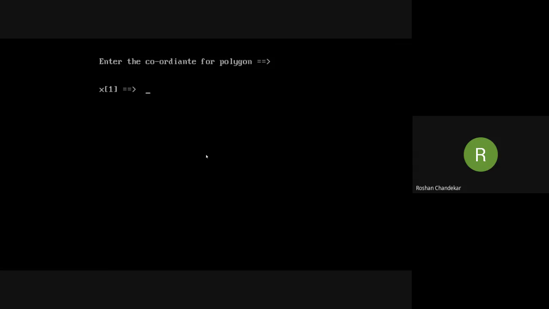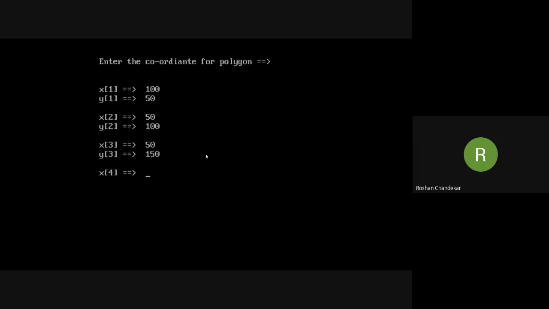First of all, we enter the value of x1, that is 100, and the value of y1, that is 50. That is the first vertex that we have entered here. Next, we enter the values of x2 and y2: x2 is 50 and y2 is 100. Then x3 is 50 and y3 is 150.